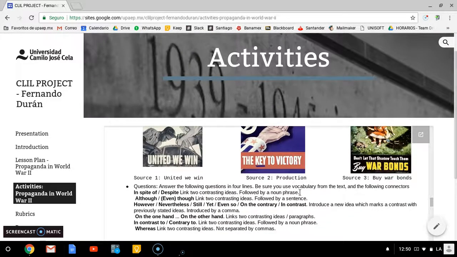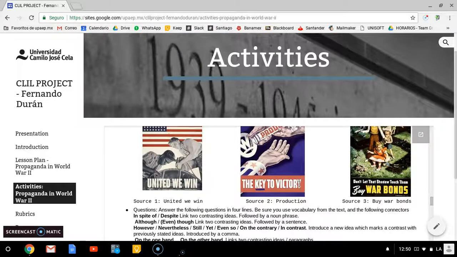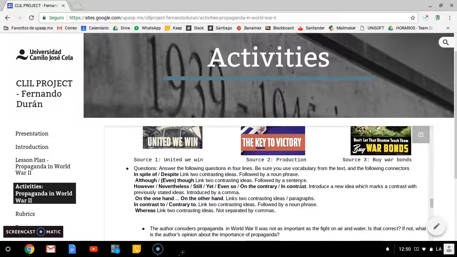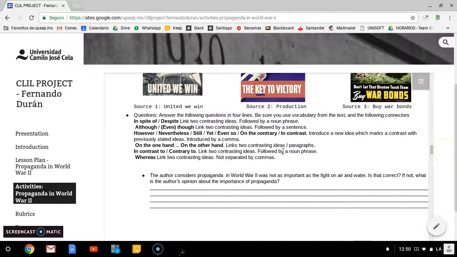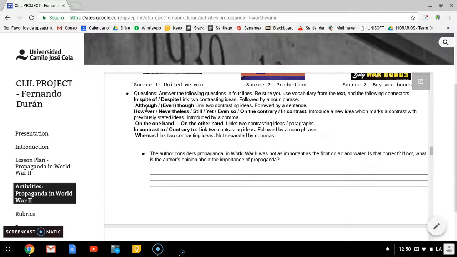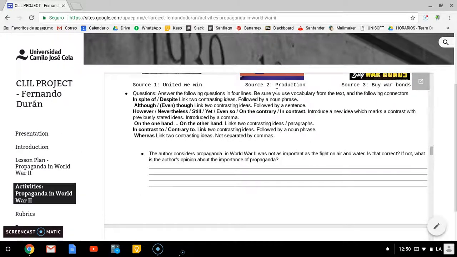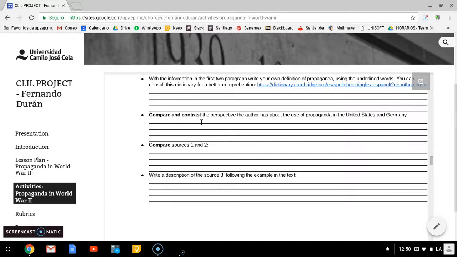Then they are exposed to three different primary sources, and using those models above, they have to make their own analysis, but we are also scaffolding the process, giving them some connectors. Right here you can see, for example, on the one hand, on the other hand, so they can contrast and compare those primary sources using these connectors.